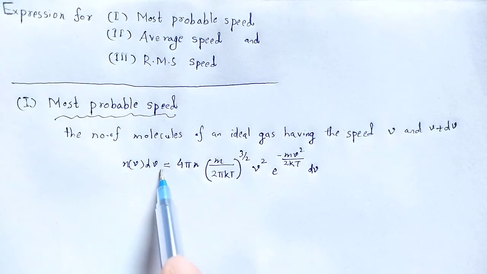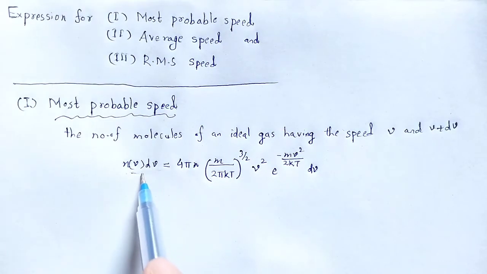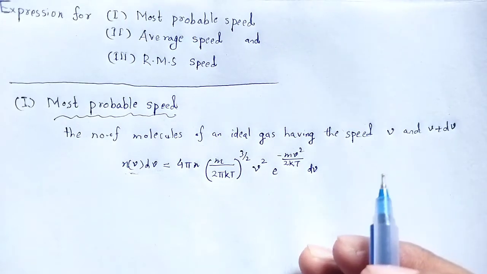That is the number of molecules of an ideal gas in that speed range.